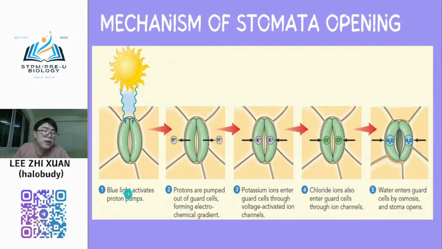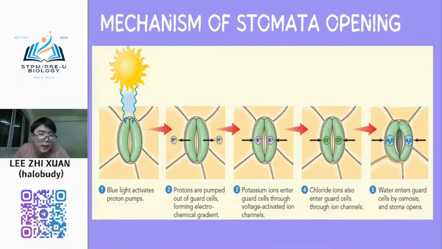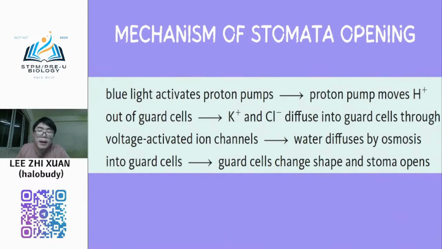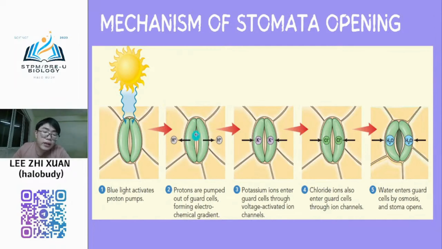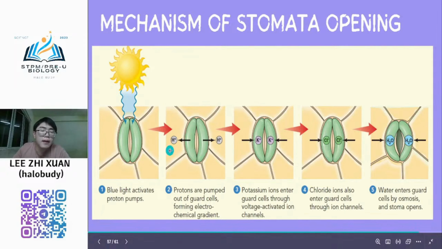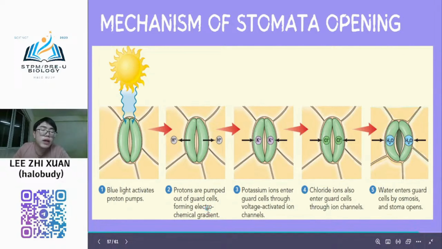The blue light will activate the proton pump, which is the hydrogen ion pump. When the hydrogen ion pump is activated, the hydrogen ions inside the guard cell will be pumped out from the guard cell into the surroundings. This forms the electrochemical gradient.